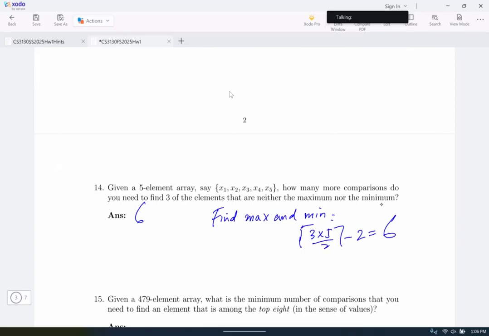Here, I'd like you to use what we call the complementary view. We do not try to select 3 explicitly, the first one, second one, third. If you do it that way, you need more comparisons.